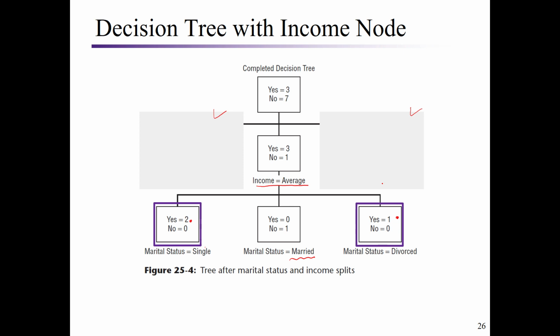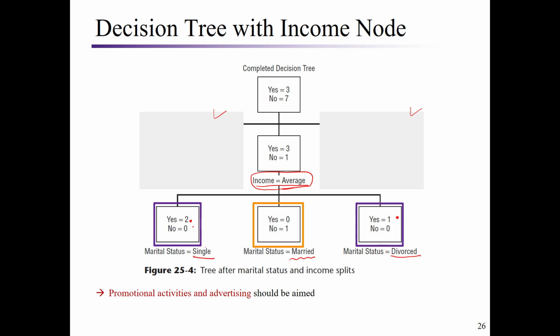Therefore, we can summarize the classification rule, or characterize consumers who purchased Greek yogurt. That is, income level is average, and marital status is single or divorced. We can characterize them by looking at the number of purchasers in each segment; in a decision tree, each segment is called a node.